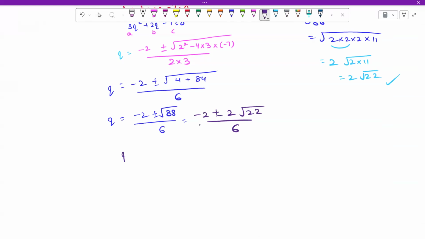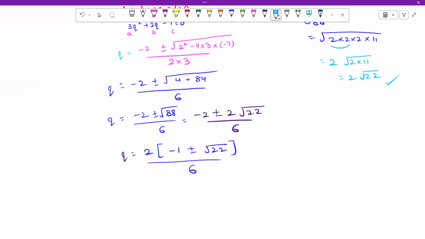Now, if we observe carefully here, there is a 2 that can be taken out of this whole thing. This gives us negative 2 times 1, and 2 root 22 over 6.